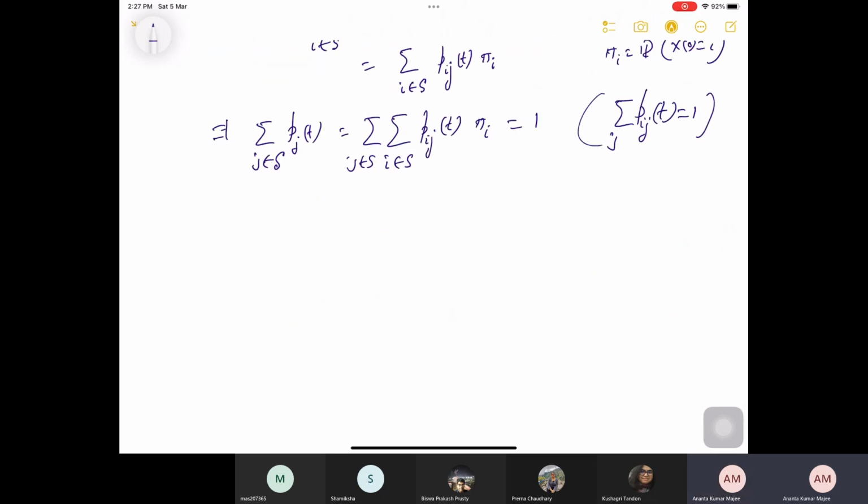So what we have seen for your discrete time Markov chain is that if the one step transition probability matrix is given to you, and if you know the initial distribution, then you can describe your DTMC completely, is it not?